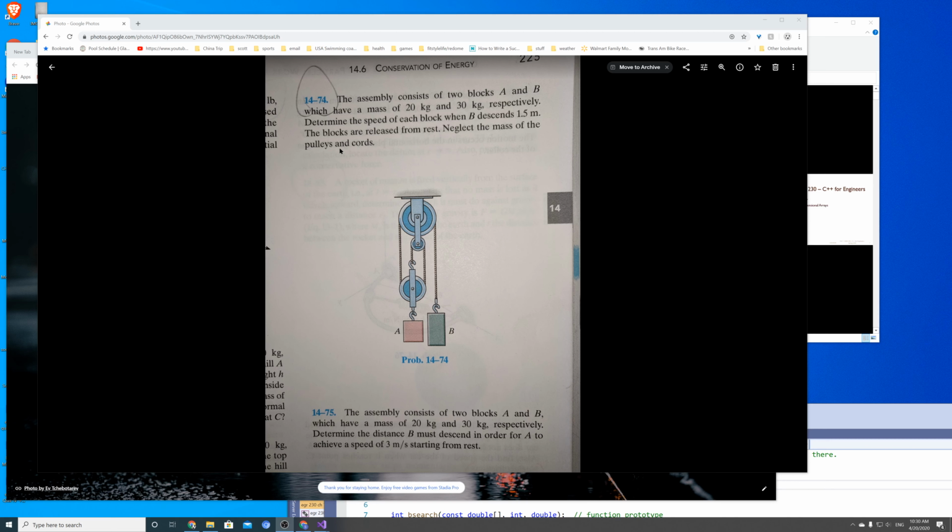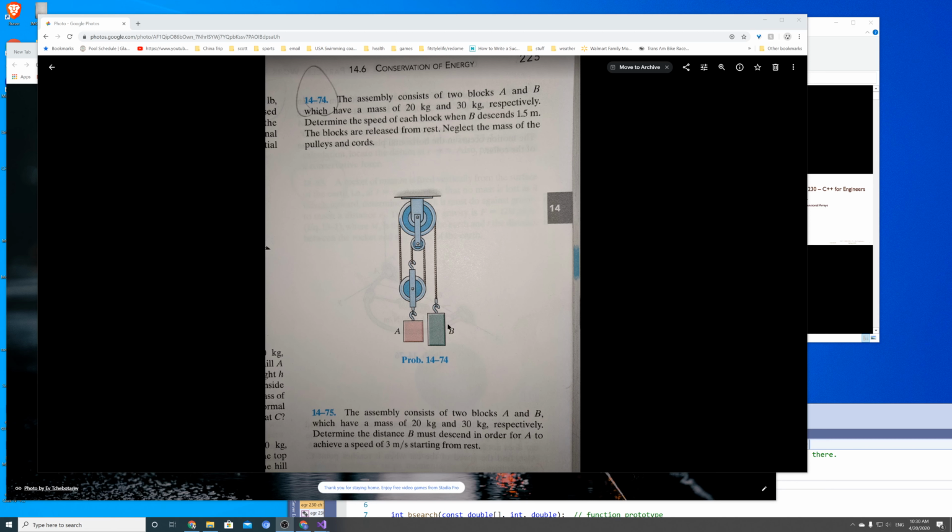Okay, so just looking at it and thinking first about how we might approach it, this is a work and energy problem, or what I should say is a conservation of energy problem. That's how we can deal with it. Essentially, whatever initial energy these blocks have is going to be equal to whatever final energy they have.